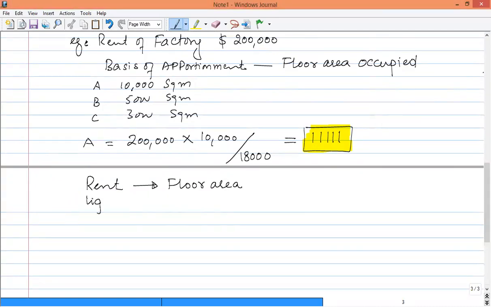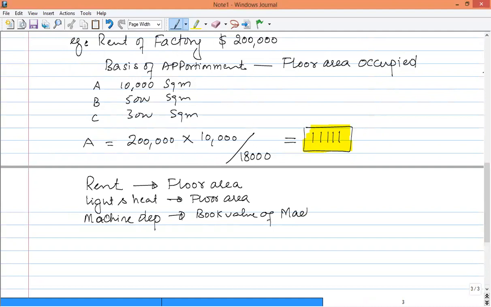When we have to share the light and heat, most of the time it is also the floor area. For machine depreciation, it is based on the book value of the machine.